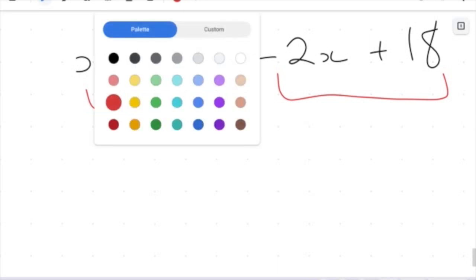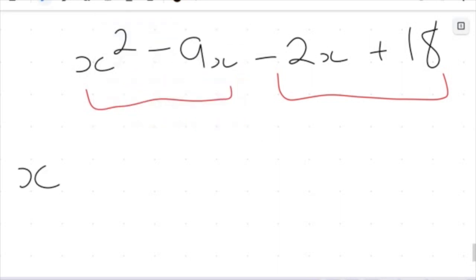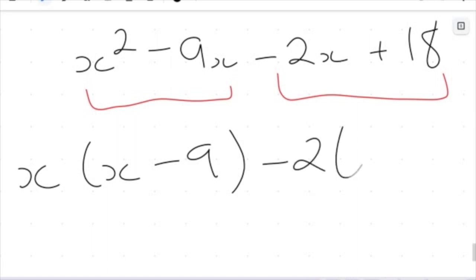So x squared minus 9x, I'm going to pull out the common factor of x, and I get x minus 9. And from this second pair, I'm going to pull out negative 2, and that is going to give me x minus 9. Because I wanted the negative factor, because the two negatives give me the positive up here.